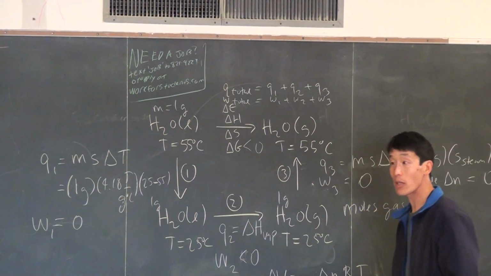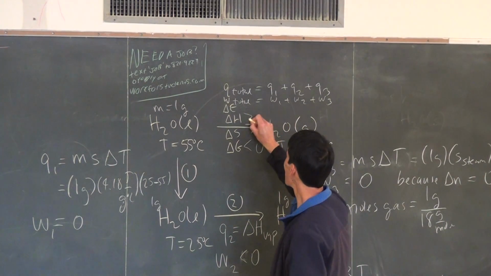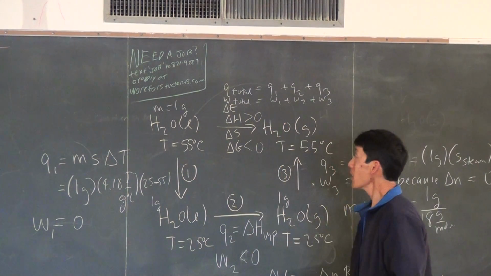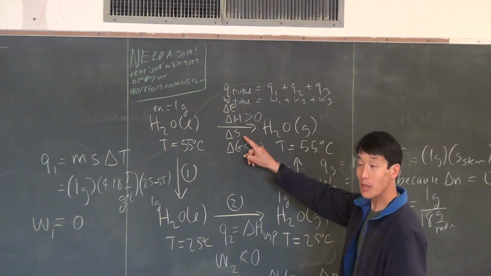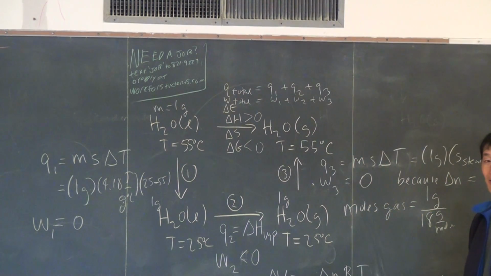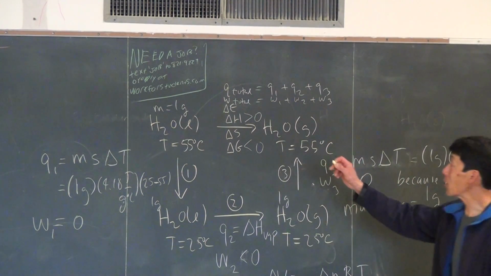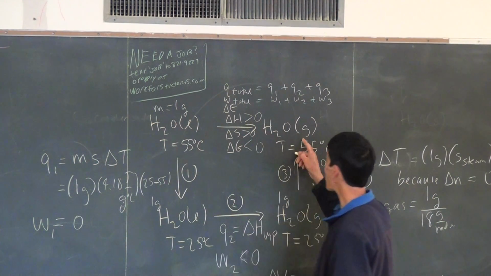Okay, so delta G should be less than 0. Delta H should be greater than 0. For delta S, do we expect that to be greater than 0 or less than 0? Should be greater than 0. Yeah. Now there's two reasons. Note that we have a liquid going to a gas.